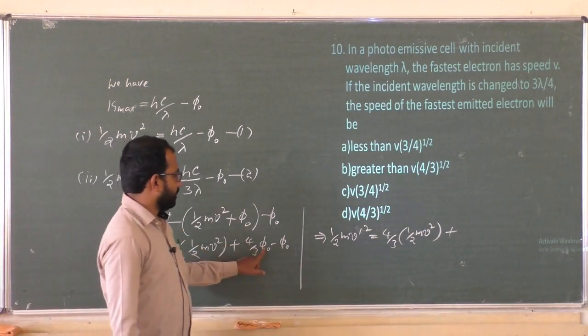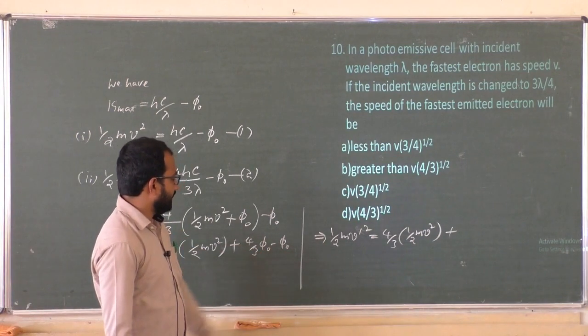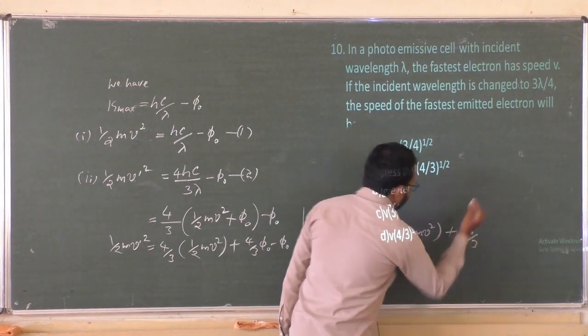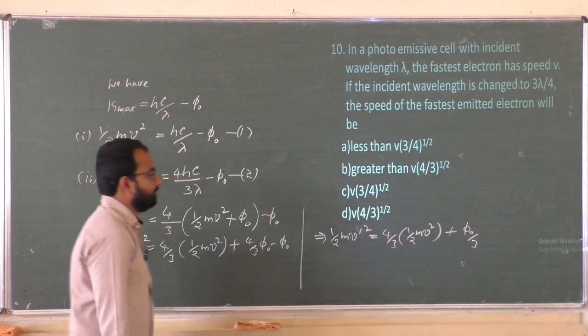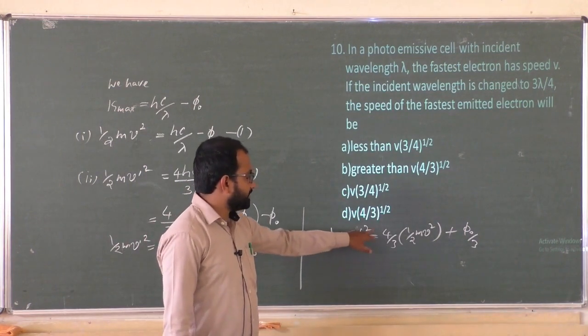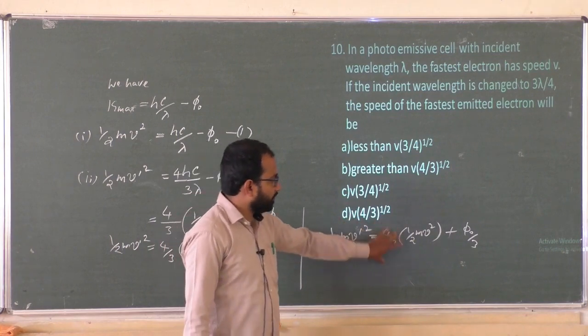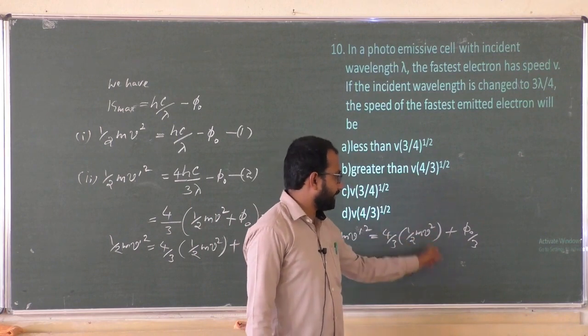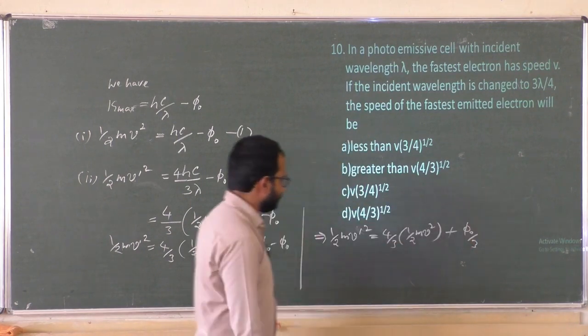This becomes 4 phi naught minus 3 phi naught by 3, that is phi naught by 3. So half m v dash square is equal to 4 by 3, which is greater than 1, multiplied by the initial kinetic energy, plus some constant.